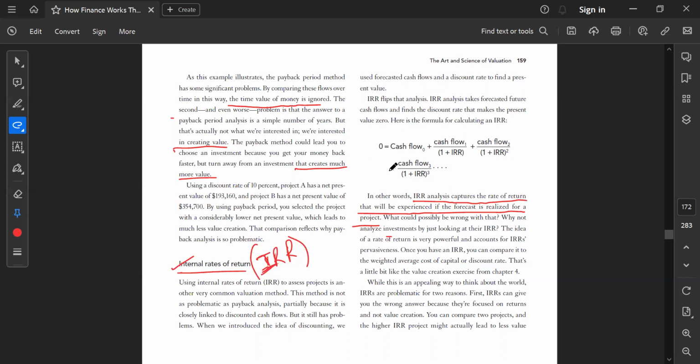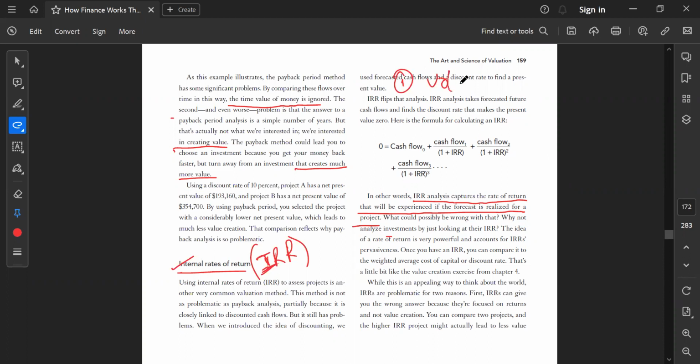Now, there is no guarantee that that 10% is the appropriate rate of return, right? Due to future uncertainties, the internal rate of return might be proved wrong. In such cases, there will be a huge discrepancy between my calculated net present value and the actual value, right? So this is one drawback of internal rate of return.